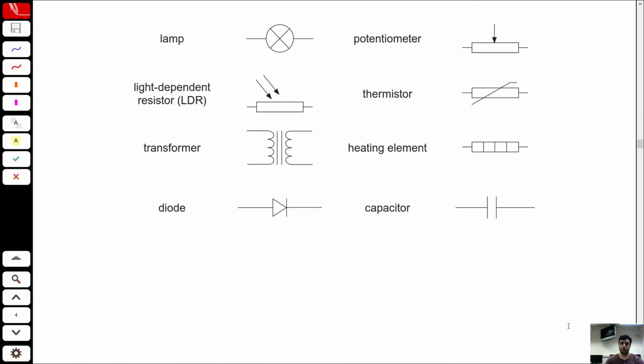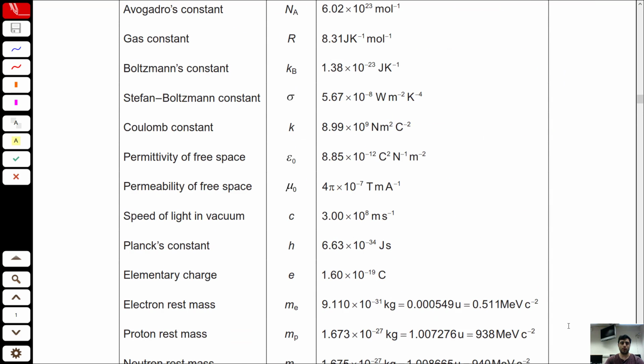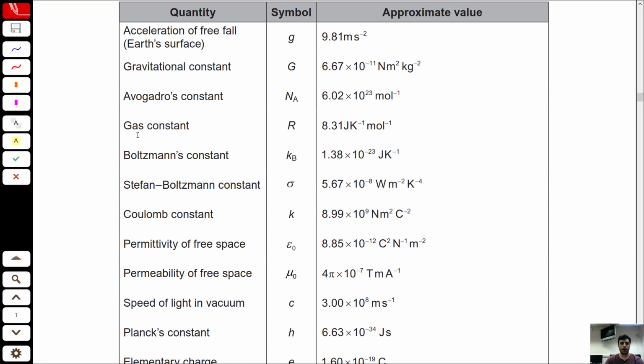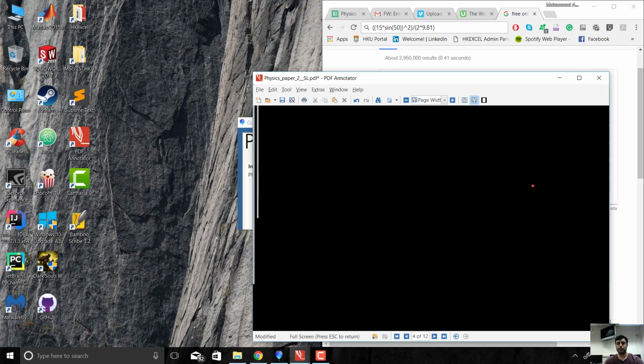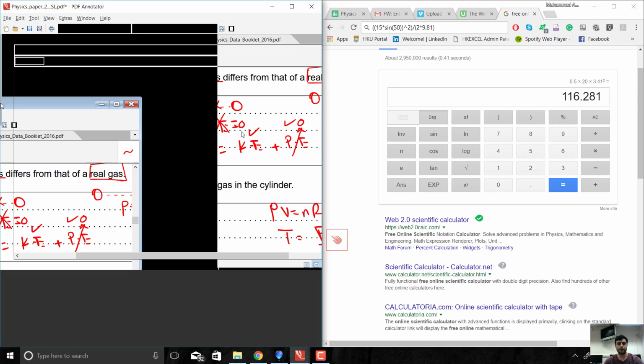So let me show you where you can find the value of R. So R will be here. Gas constant is 8.31. Here. Okay, now let's use the calculator to sub in all these numbers and let's see what is the result.